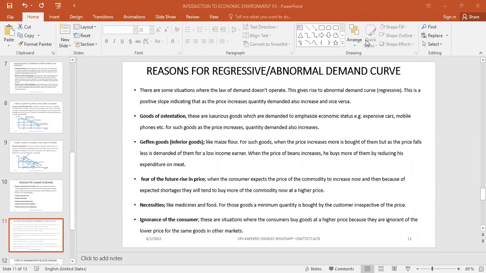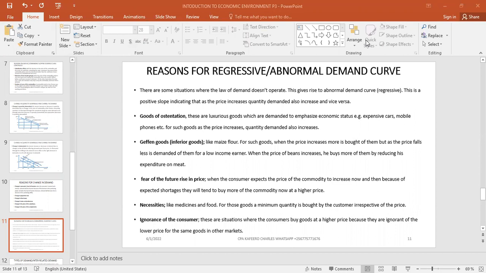For them, it is a matter of something being expensive. People buy those items because they are expensive. You can talk about expensive phones, expensive cars and others. It happens that when the prices of those goods are increasing, people tend to buy more of them.